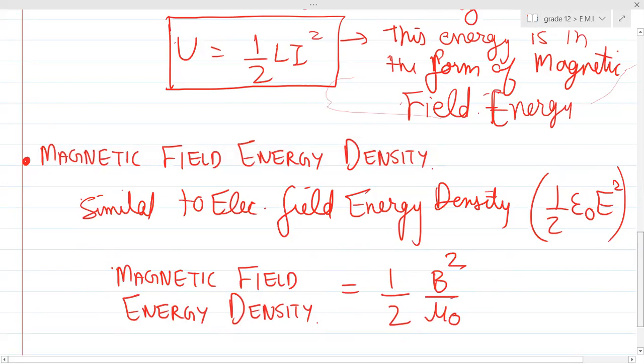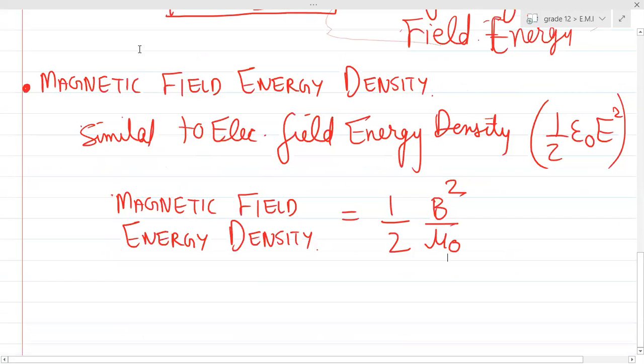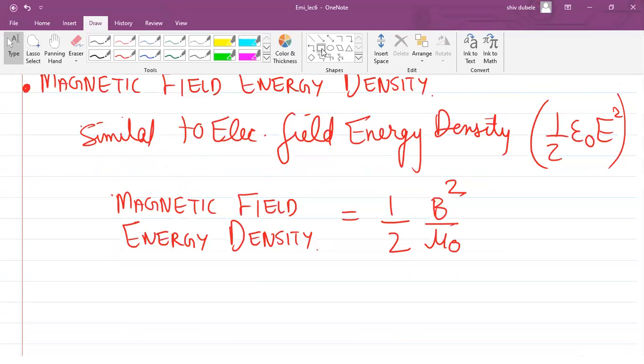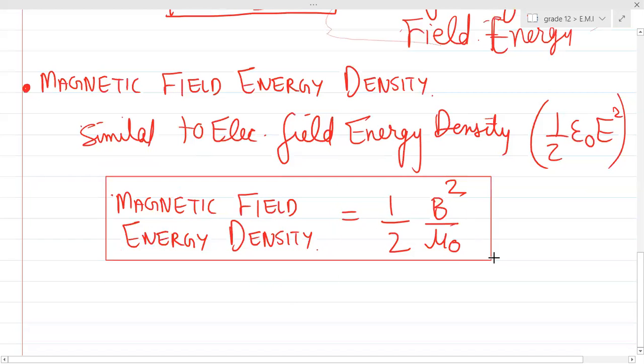Please write this formula. Always remember this magnetic field energy density will always be in joule per meter cube for SI units.